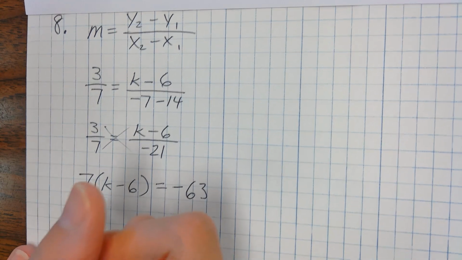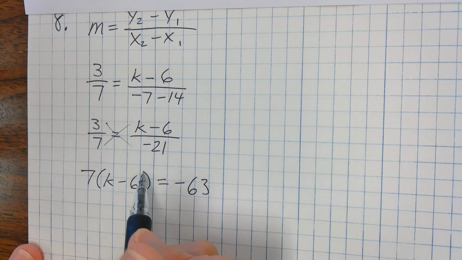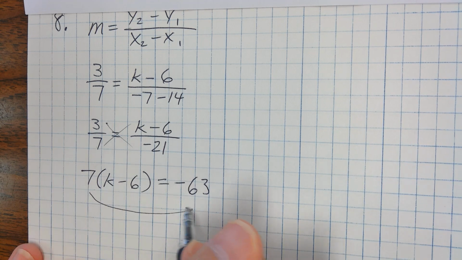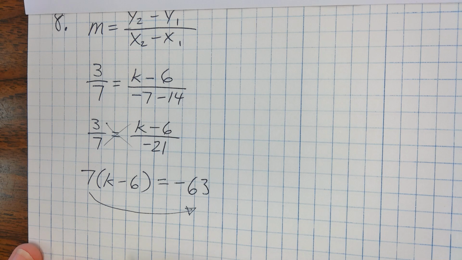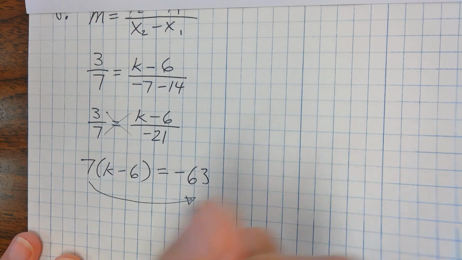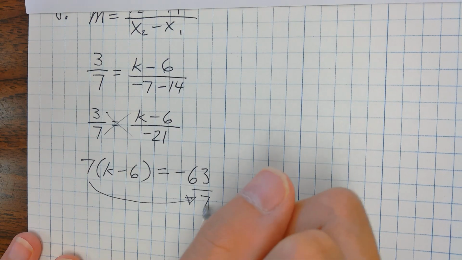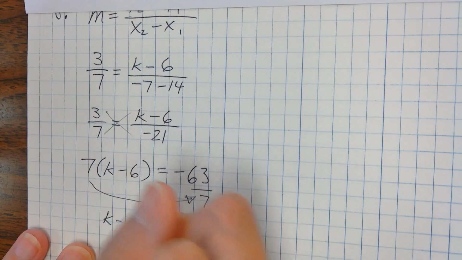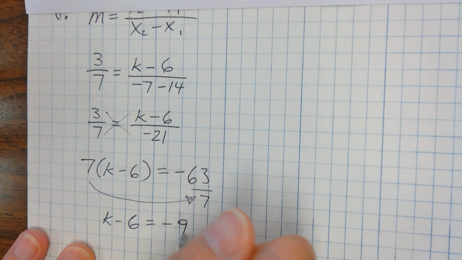Okay. You can either multiply this in, or you can just move that 7 over by dividing. Remember, you're trying to solve for k. So at the end, I want k equals. So moving that over, you get -9. So k minus 6 equals -9.